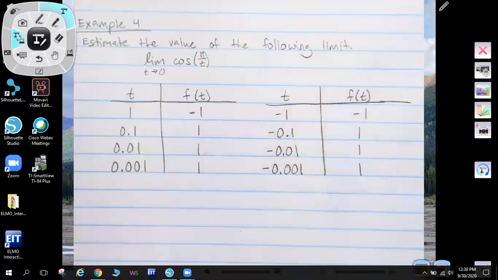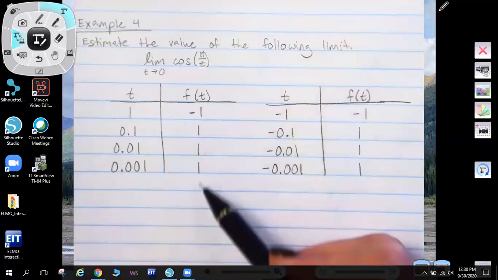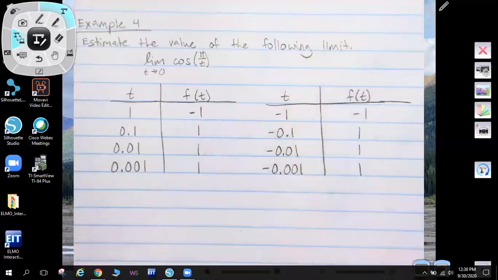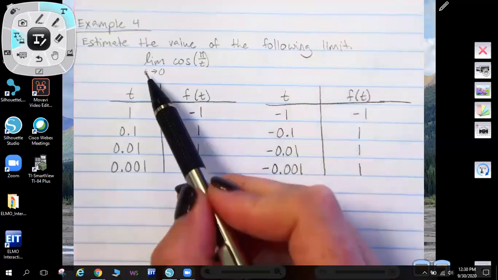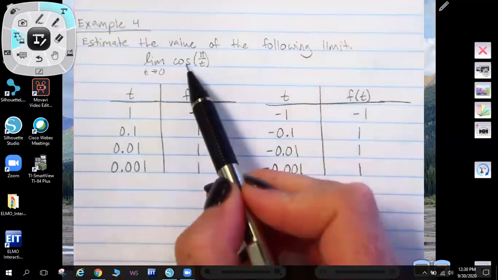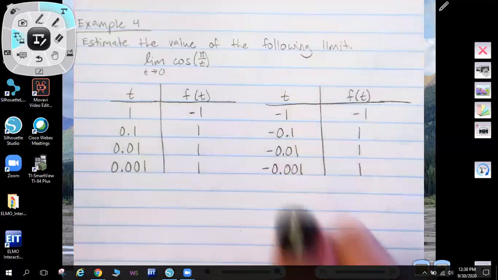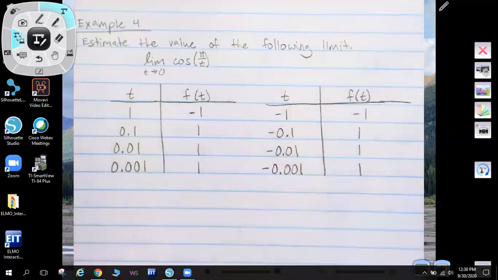Okay, so what are these function values approaching? 1. So looking at this, I would say our limit as t approaches 0 of cosine of pi over t equals 1. It doesn't. We're going to talk about why, but our chart makes it look like it does, right?